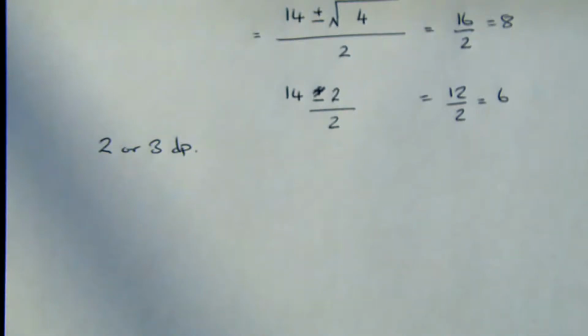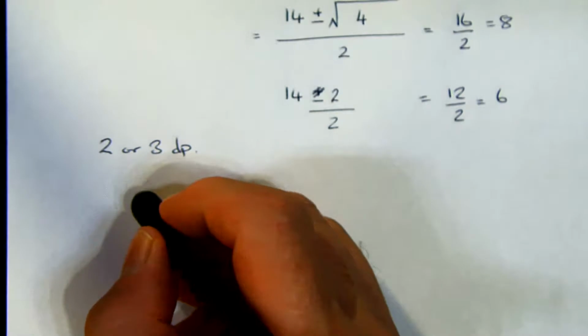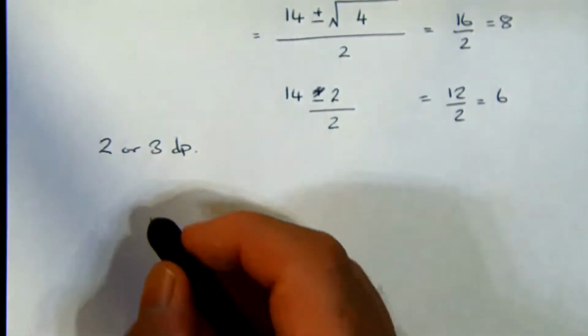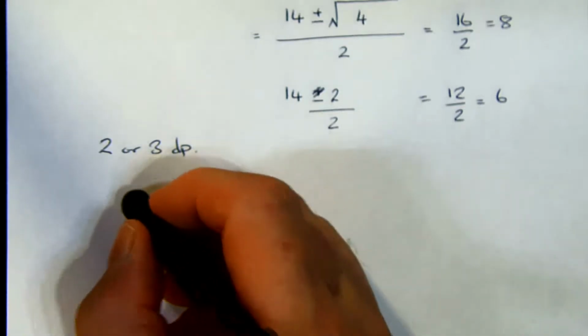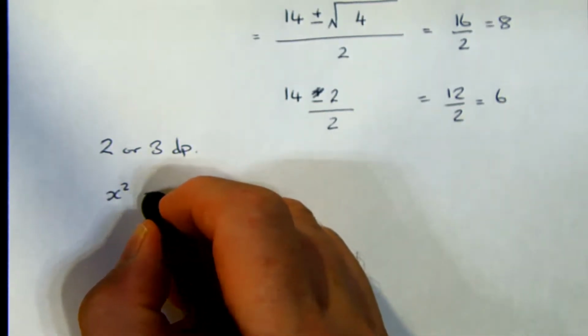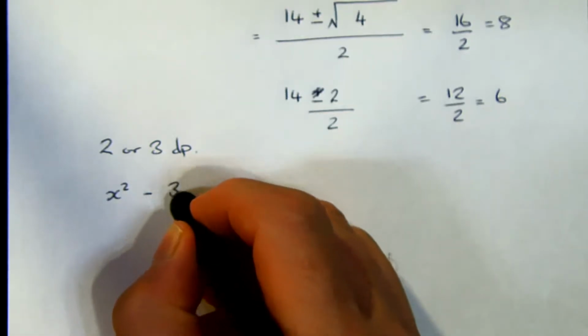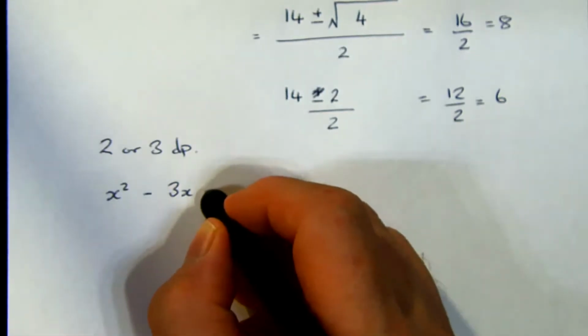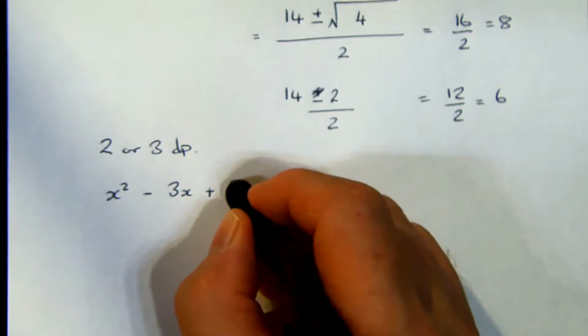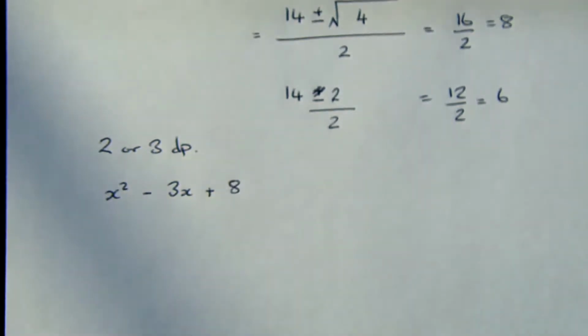And if I have a nasty quadratic, then we can just put one of these in to try and solve something. So let's try one. x squared minus 3x, and we'll try 8.